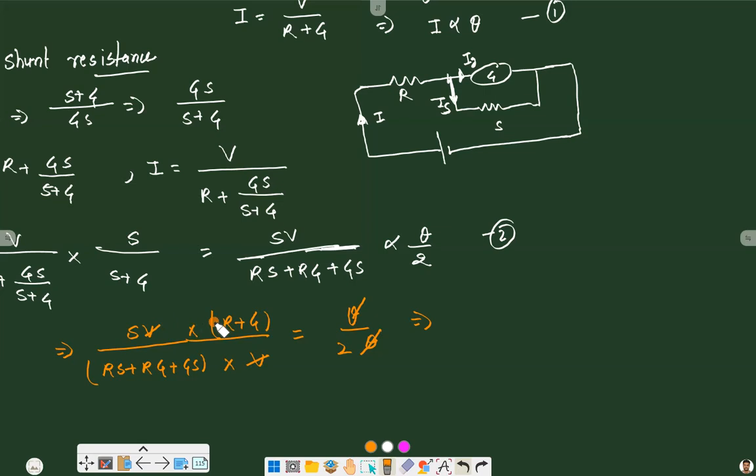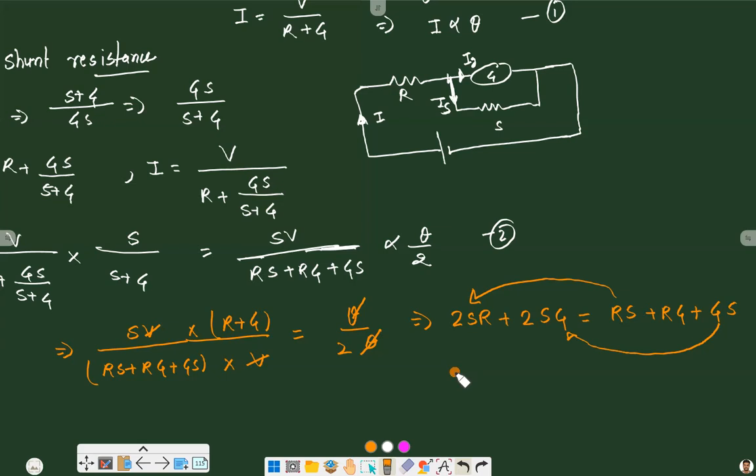twice of SR plus twice of SG is equal to RS plus RG plus GS. So this value comes here in the subtraction and this value comes here in subtraction.